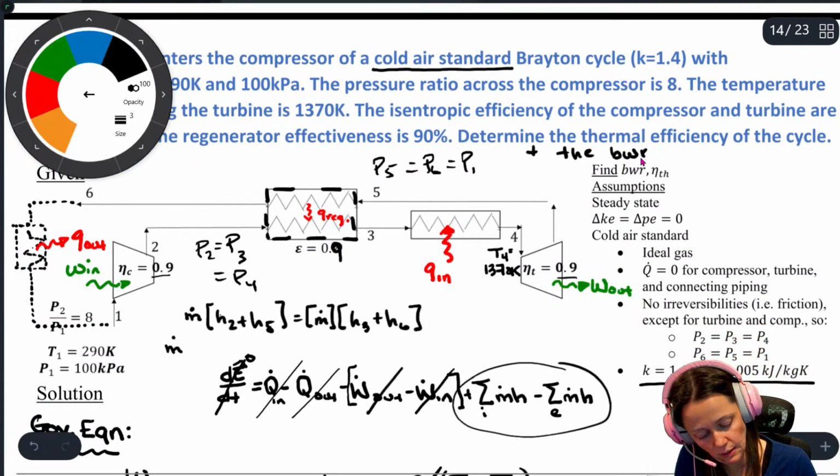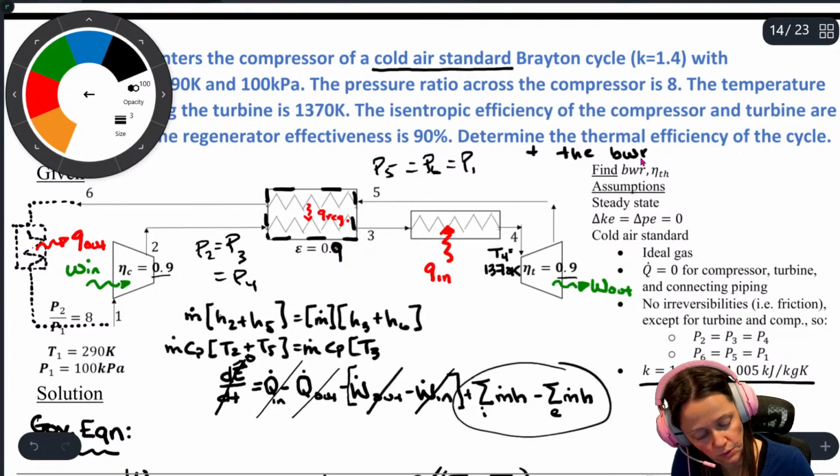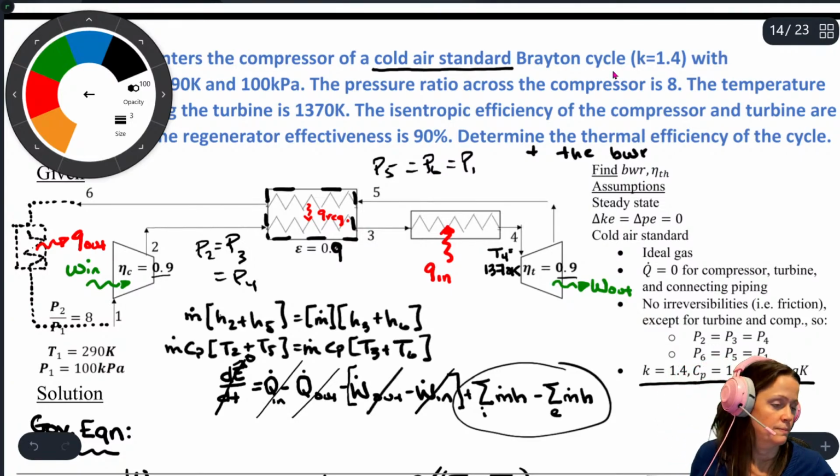So you get m dot CP, T2 plus T5, equals m dot CP, T3 plus T6.